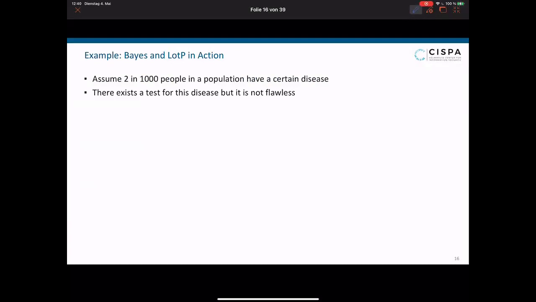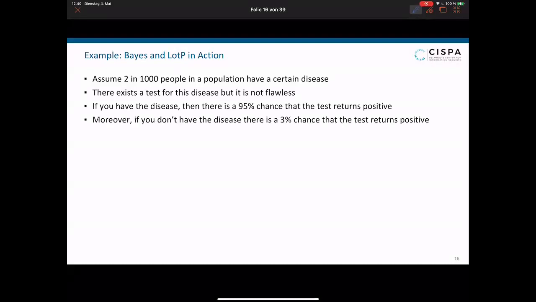That means this test is gonna have a certain probability of error. If someone happens to have the disease, then there's a 95% chance that the test returns positive. On the other hand, if you don't have the disease, then there's a 3% chance that the test returns positive.